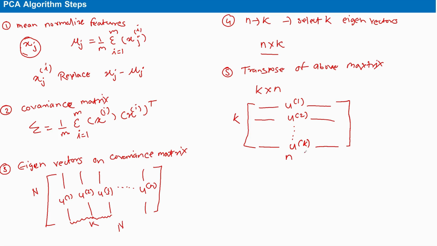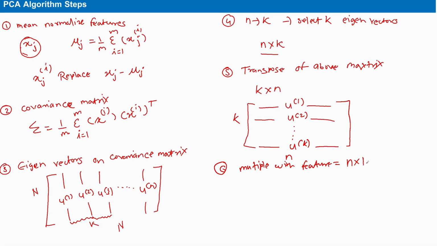Then the final step is, whatever this transpose matrix is, we need to multiply it with the actual feature matrix. The feature matrix will have the size of n by 1 because each example has n features.